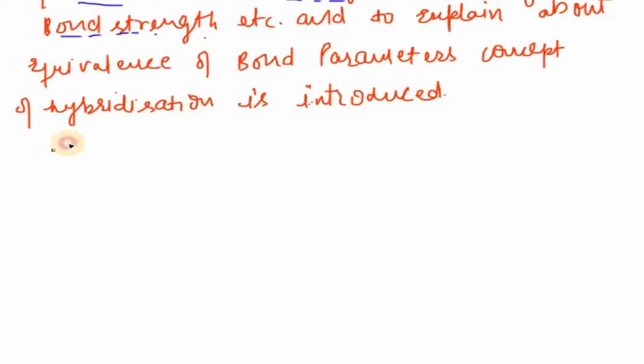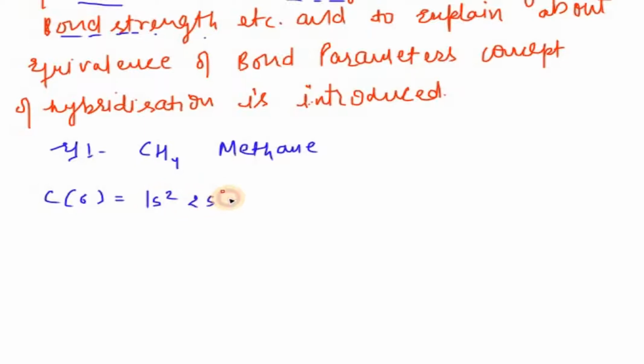So let's check a compound like CH4, which we call methane. In methane, let's go according to valence bond theory. We know carbon has atomic number 6. If we want to write its electronic configuration, it is 1s2, 2s2 and 2p2.